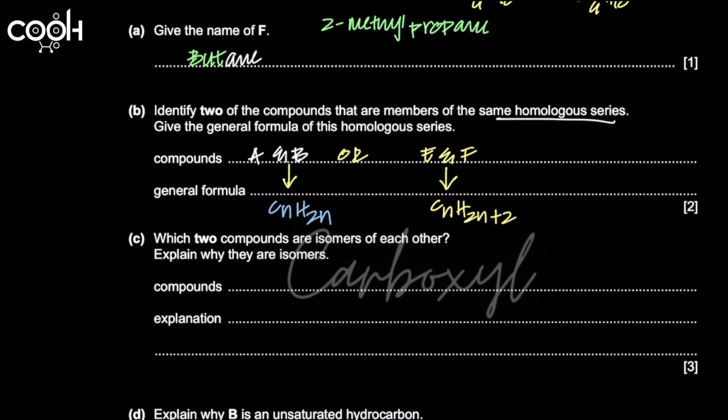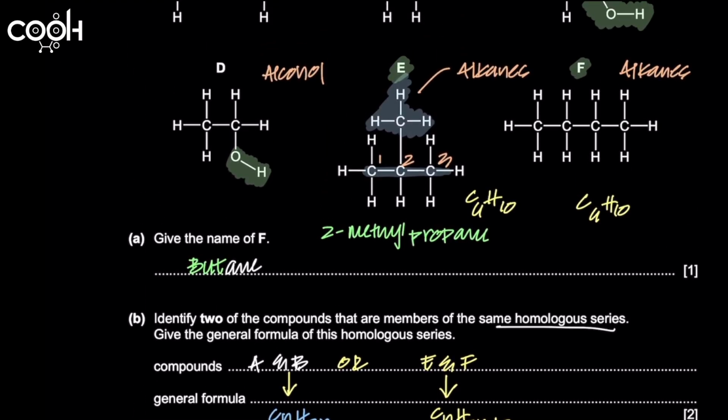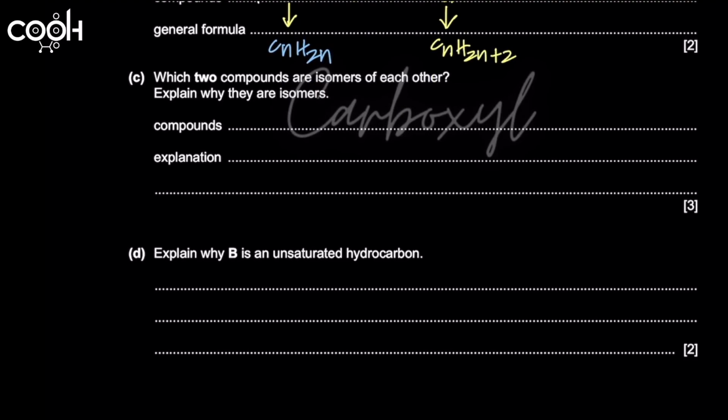Which 2 compounds are isomers of each other? Explain why they are isomers. So obviously we know which 2 compounds. We've already identified them. E and F are isomers because they have the same molecular formula, that is C4H10, but they have a different structural formula, and that can be indicated by the difference in their names. So it's your compounds E and F, and the explanation is, well, they have the same molecular formula.